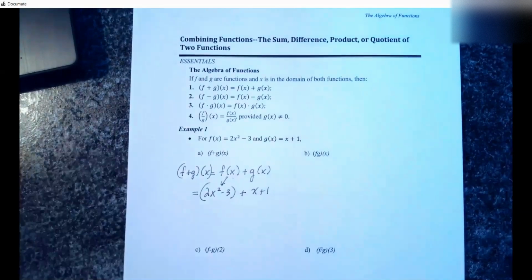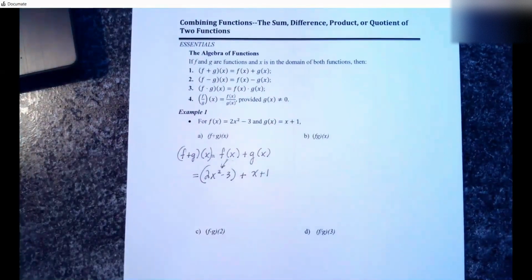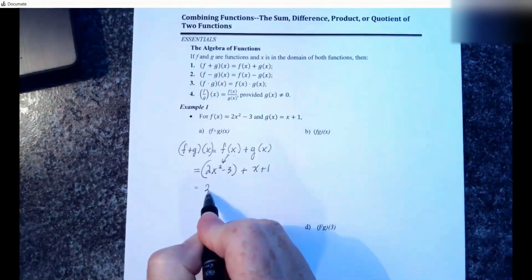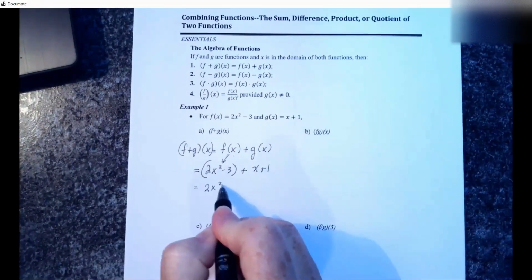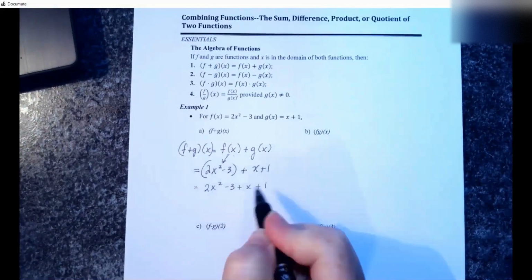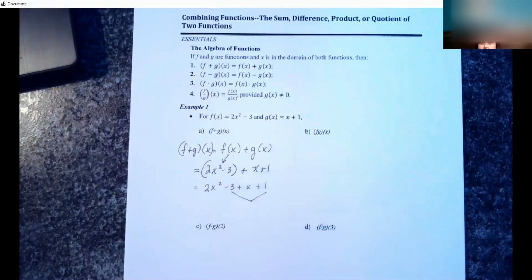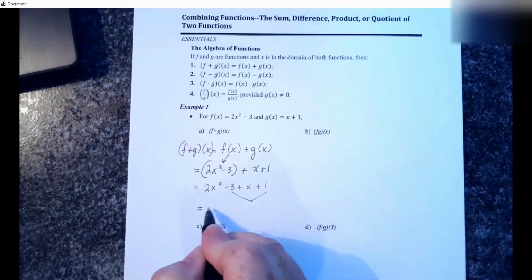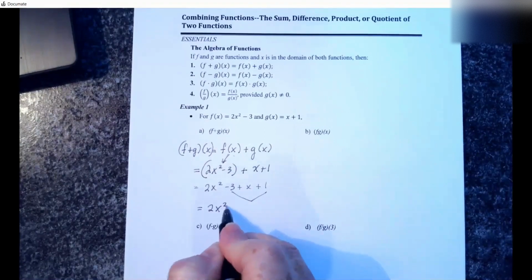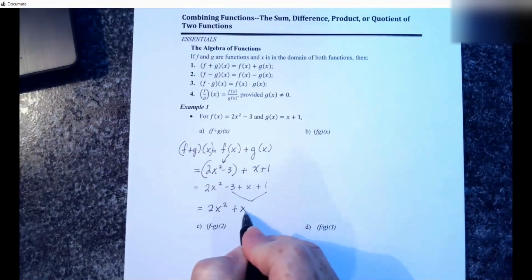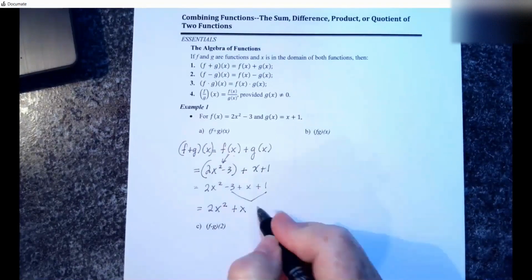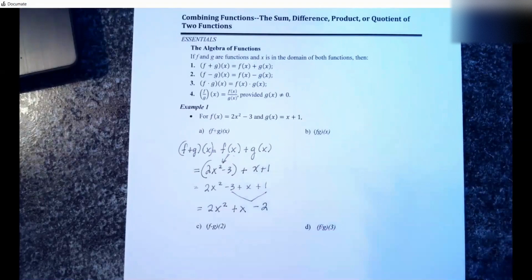And then if we can simplify it a little bit, that's great. If we combine our like terms, I just got rid of my grouping symbols there. The only like terms we have are the -3 and +1. So that would give us 2x squared plus x, and then -3 plus 1 is just -2.